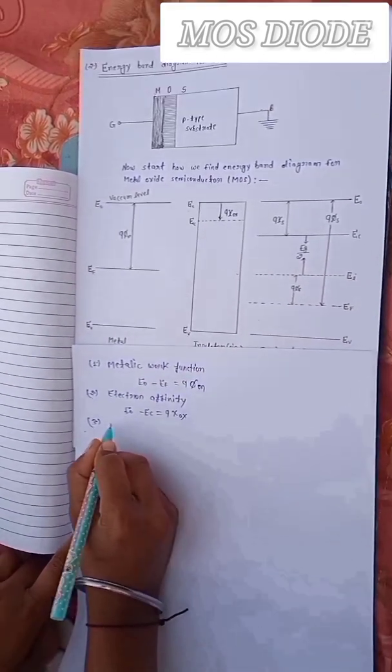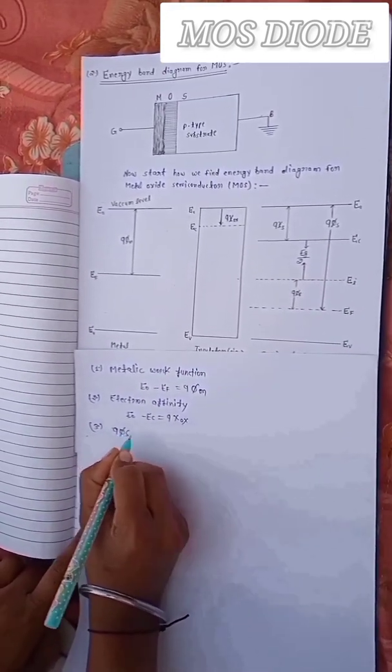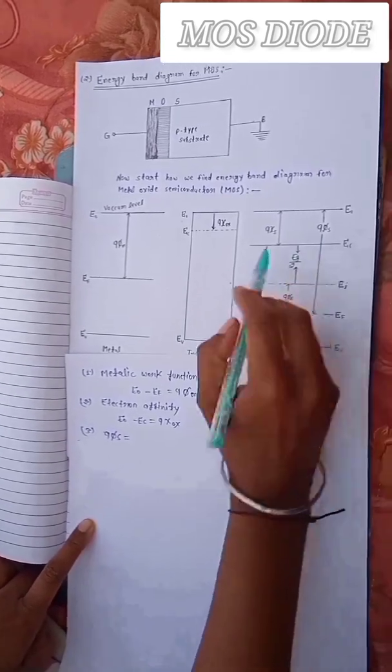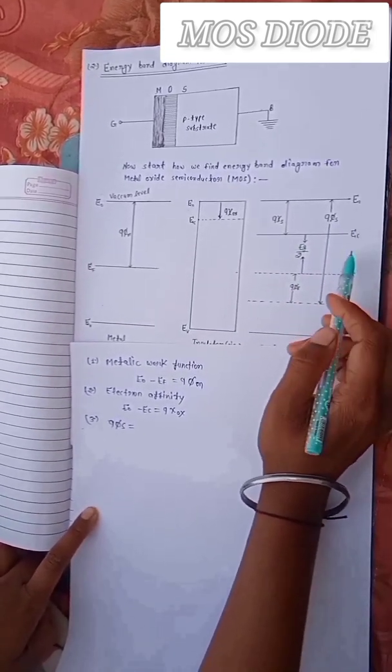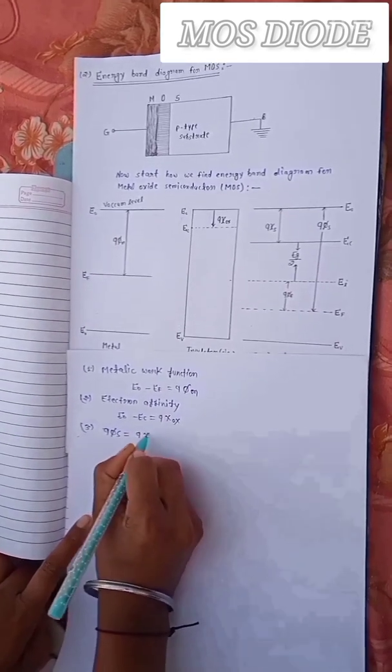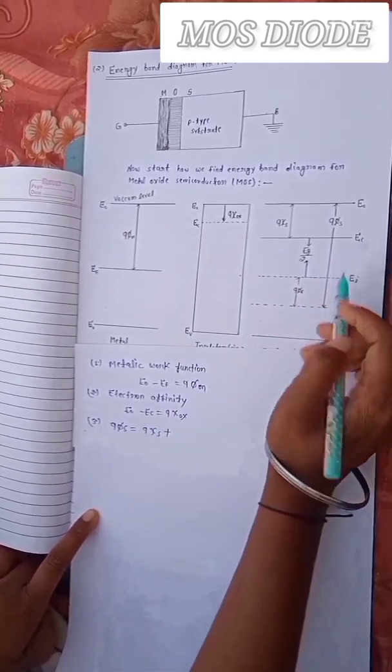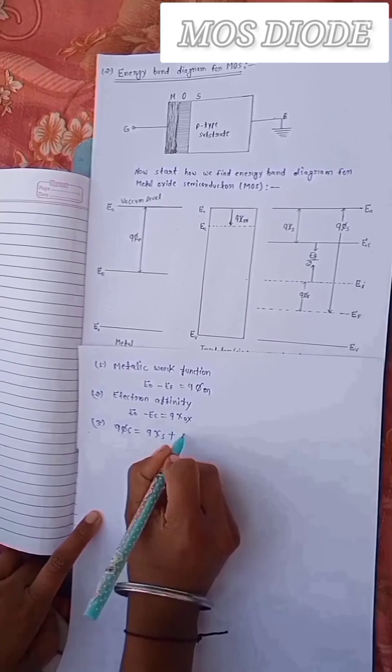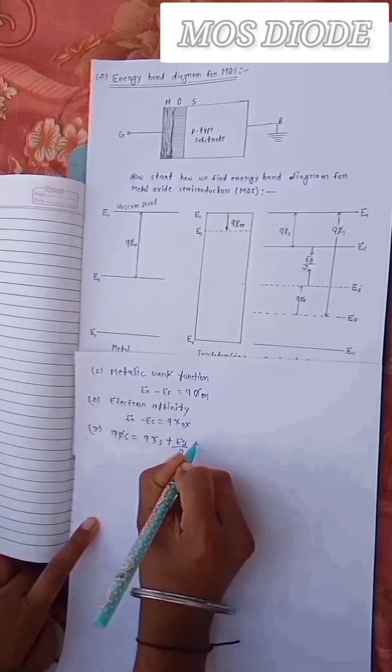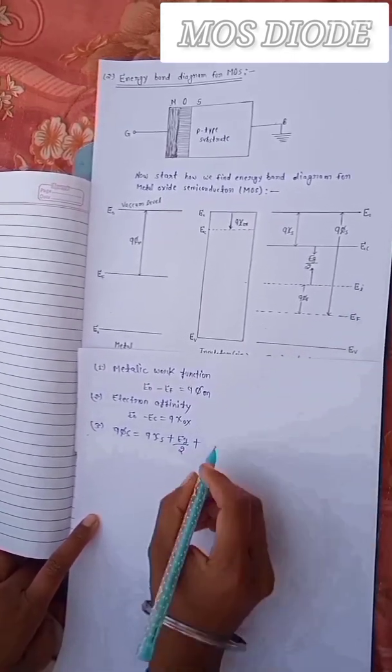So Q phi s is equal to the difference of E naught and EC, which is Q chi s, plus the difference of EC minus EI, which is Eg by 2, plus the difference of EI to EF, which is Q phi f.